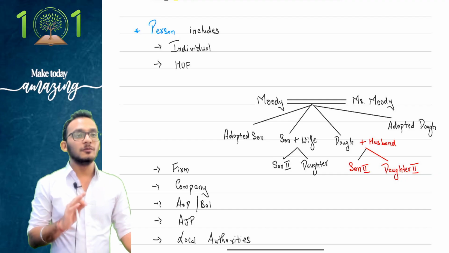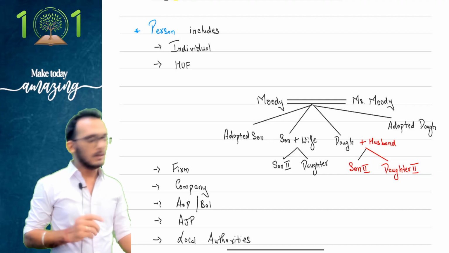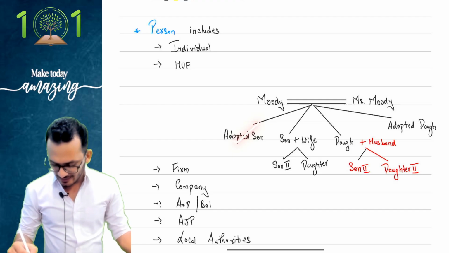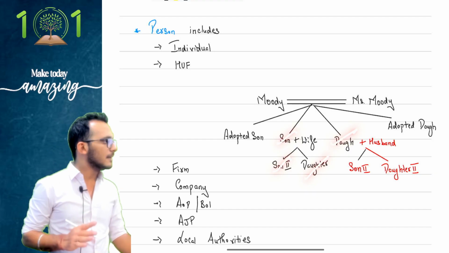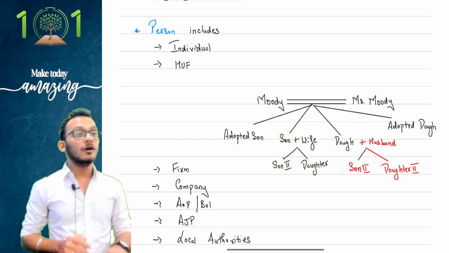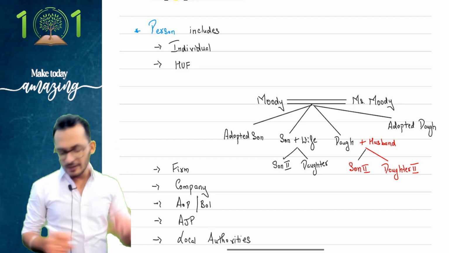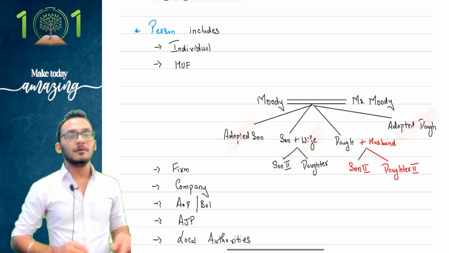One thing I can make very clear to you: when it comes to HUF, you become a member for two reasons. Either you are born in the family, which covers the son, daughter, son, daughter, who are all people born into the family, or you are brought into the family. You are brought in by two reasons: the son's wife, the adopted son, the adopted daughter are people who are brought inside.